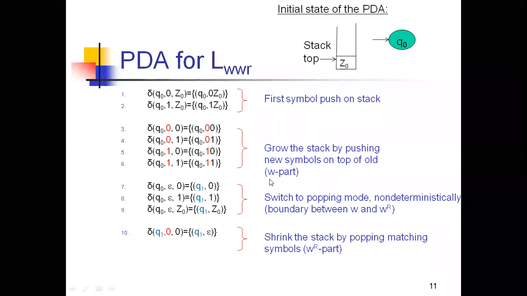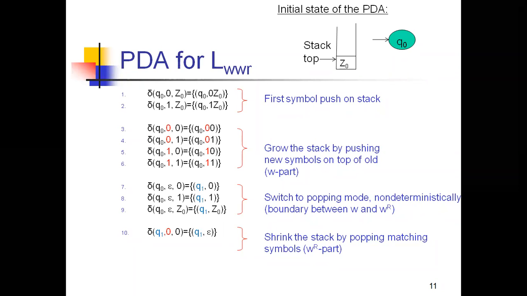Up to this it is the string part, just W. And from the 7th rule onwards we are showing how to pop those and how to change the state. And then we can say that it is a string reversal, that means the part of the string reversal, W power R. These three are between W and W power R, and this part totally comes under the W power R part, that is the string reversal part.